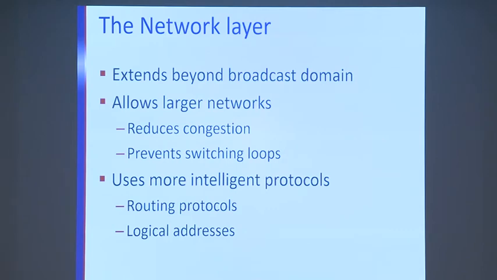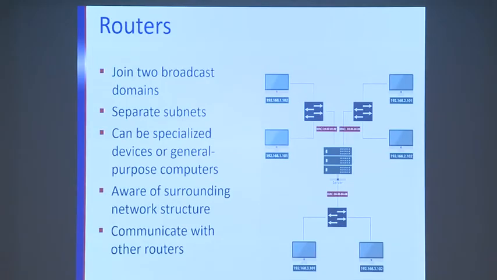So as we take a look at that larger network, those switching loops become important to us. So we want to use more intelligent protocols. We want to use the routing protocols. We want to use the logical addresses or the IP addresses that we have. So the routers that we have are there to join two different broadcast domains.